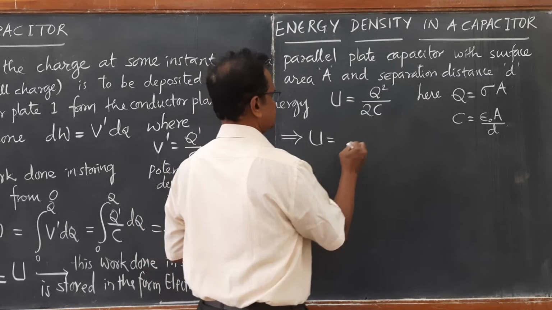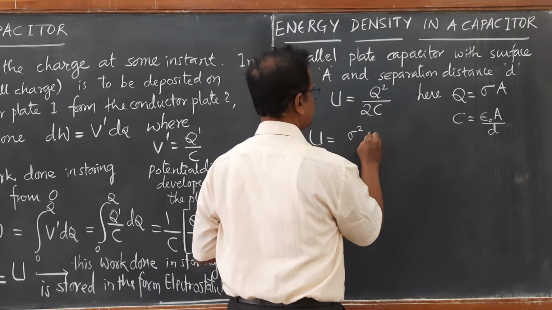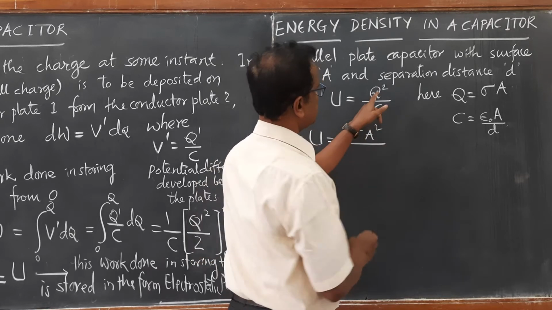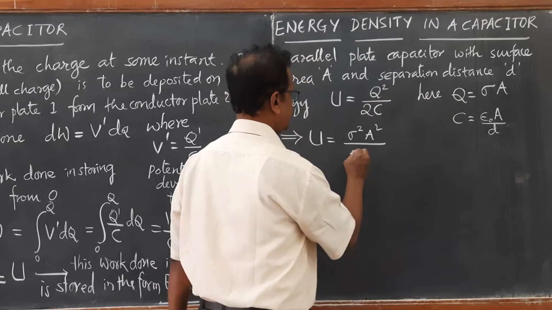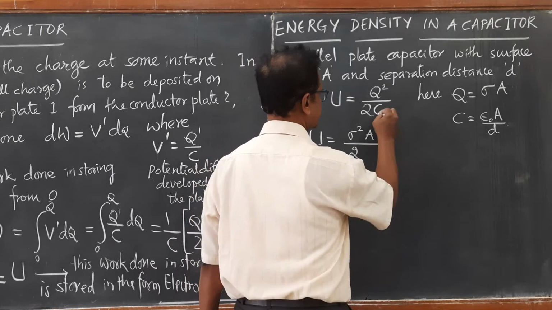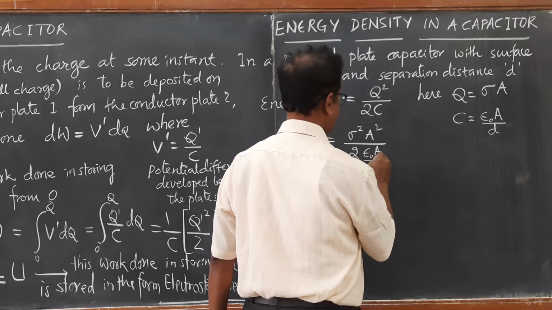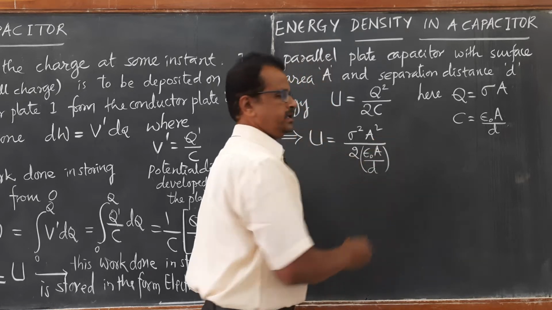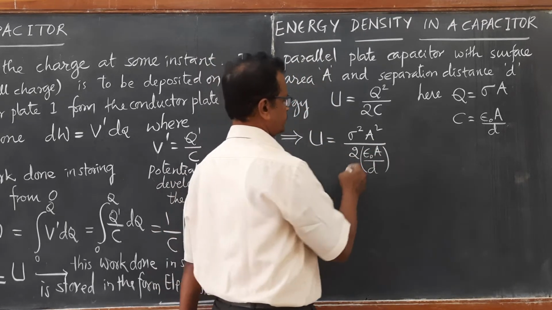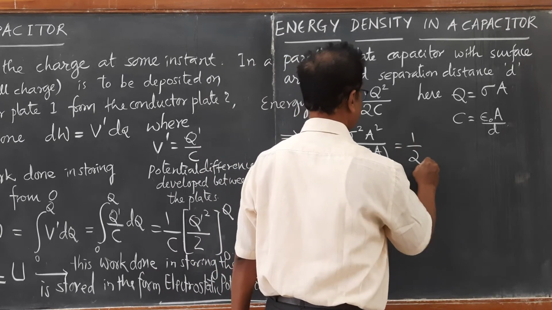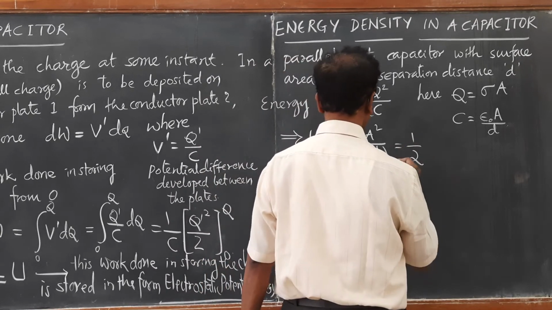U is equal to sigma square A square by 2C, 2 into C. C is epsilon naught A by D. So, D comes to the numerator. Therefore, you are left with half D in the numerator.